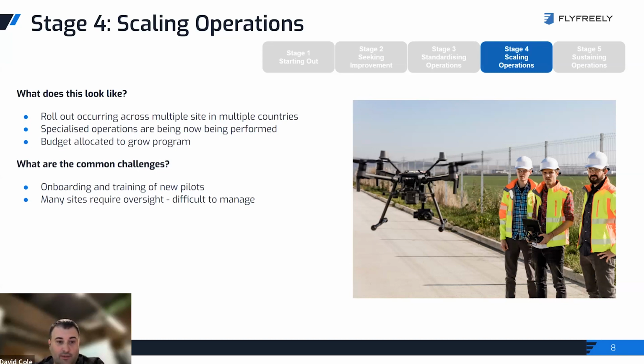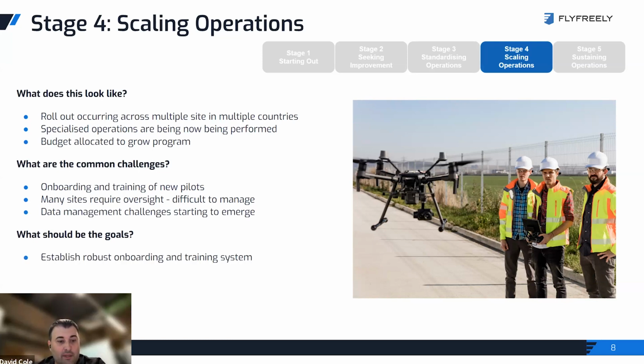How do you manage all that and maintain that oversight? And then the one which sneaks up on people is actually data management. You're now starting to collect a lot of data, and just storing it and managing it starts to become a real problem. So you have to start thinking about how you're going to deal with that.